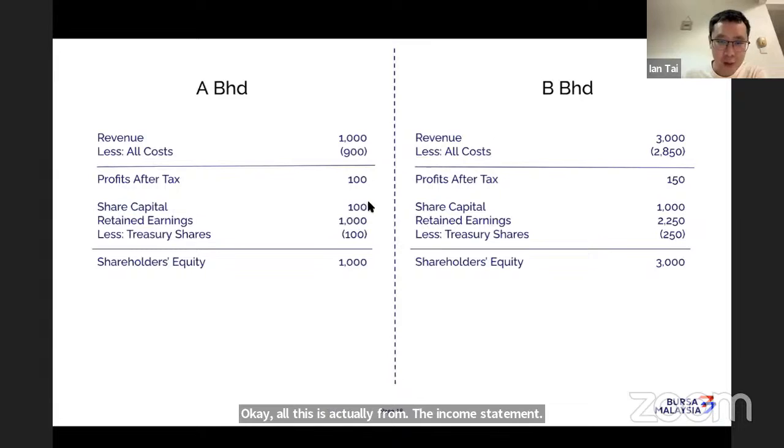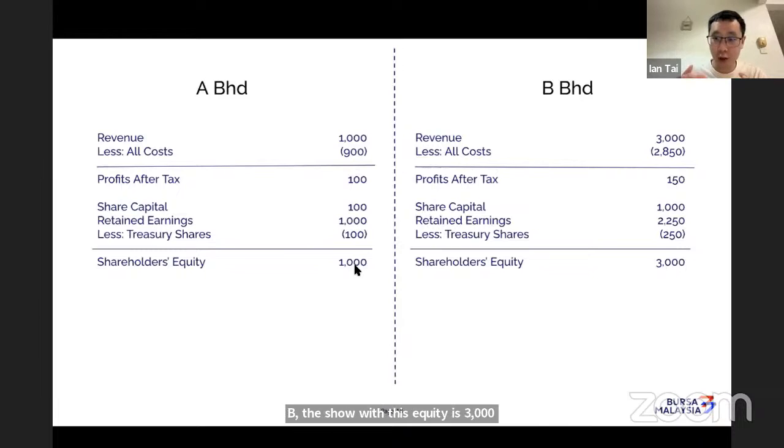Now, this one over here is from the balance sheet. This is just an excerpt from the balance sheet. So for A Berhad, when it comes to shareholders' equity, the figure is 1,000. For B Berhad, the shareholders' equity is 3,000.